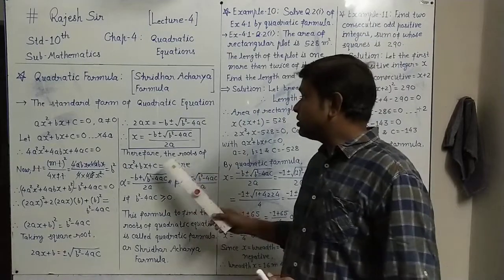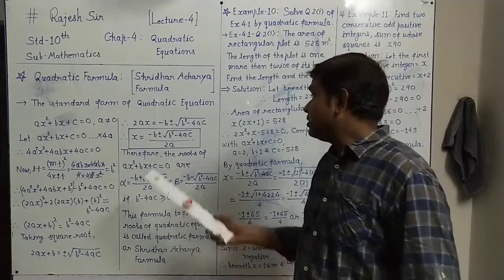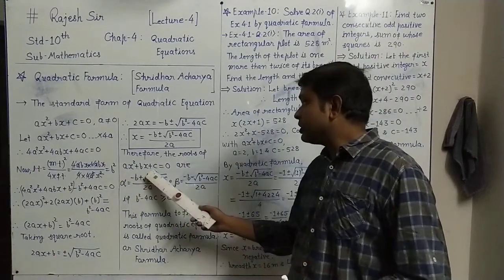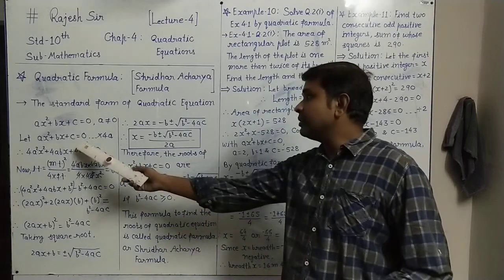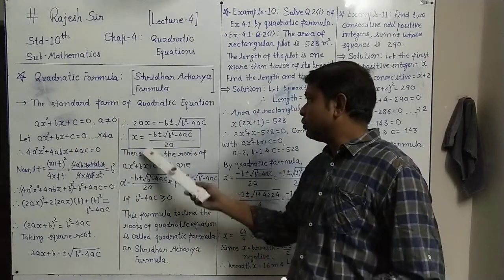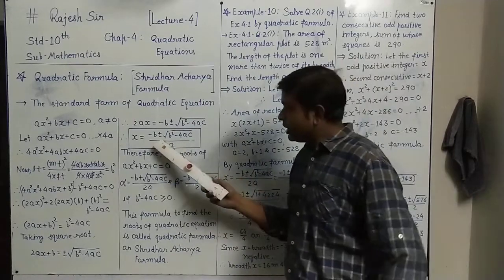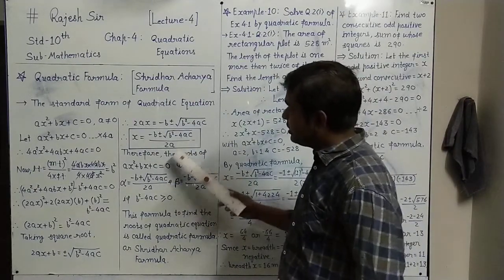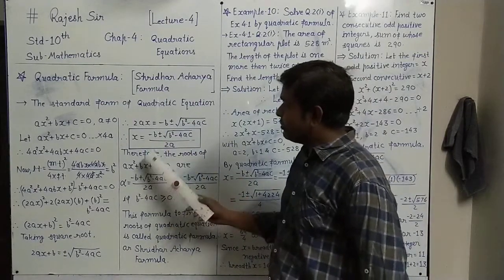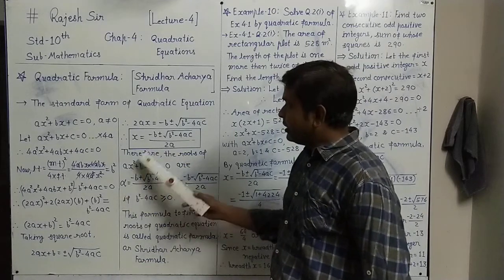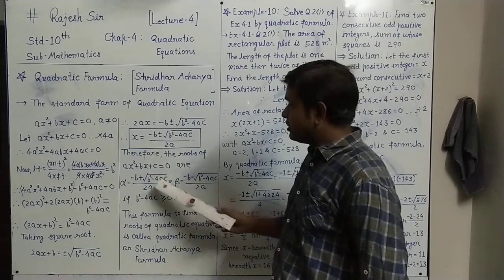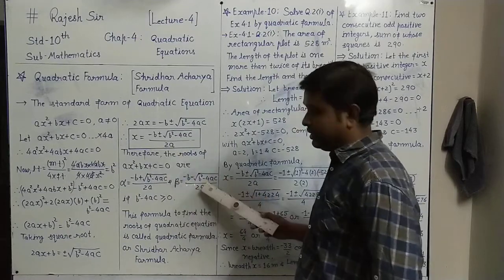Therefore, the solution is the roots. Therefore, the roots of ax square plus bx plus c equal to 0 are this. In that, plus or minus both signs are there. We separate it, and on separating we will call the first root alpha, in which we take plus, and the second beta, in which we take minus.